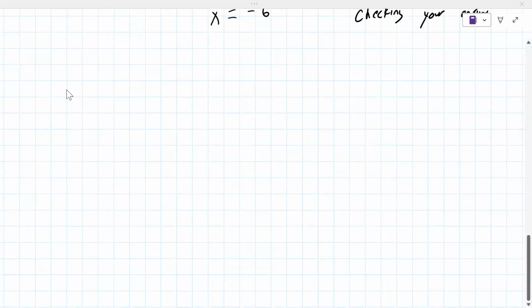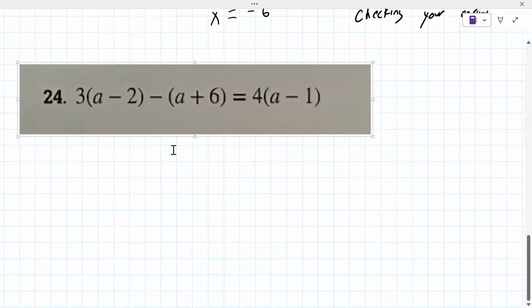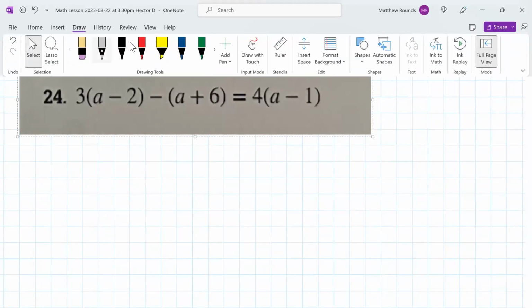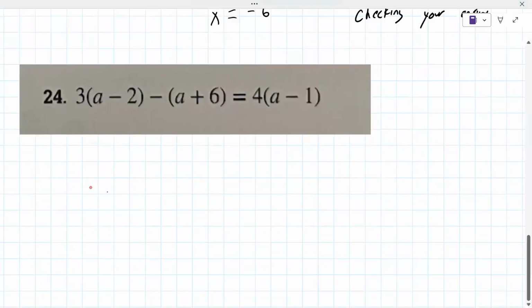Okay, let's look at 24 here. The only thing I'm concerned about is, do you know what this minus here means in terms of what's inside parentheses? We change the signs of what's inside. So it becomes, because it's really a -1, -a minus 6. That's all I'm concerned about.